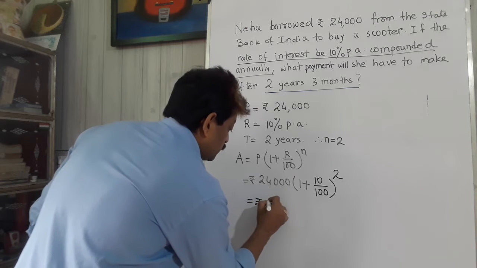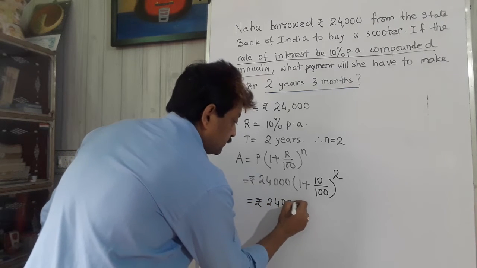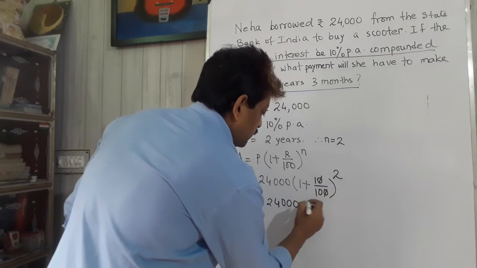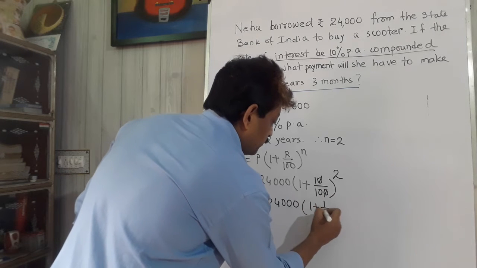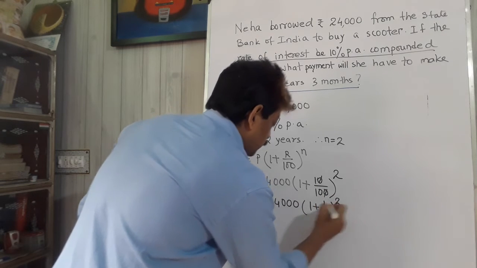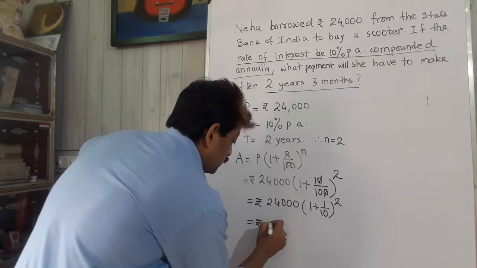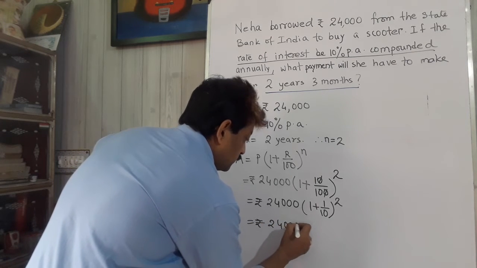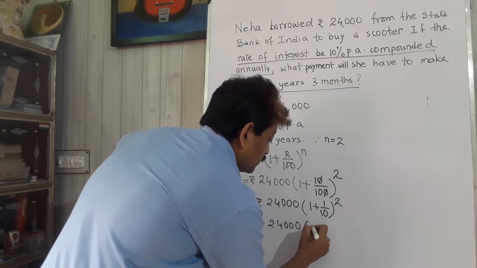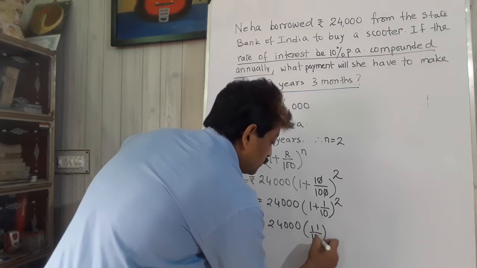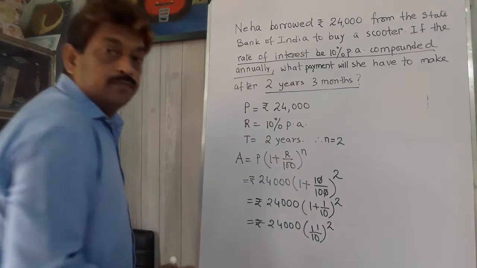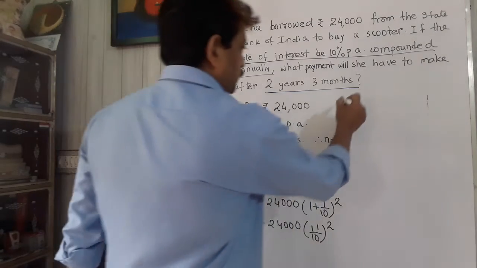So rupees 24,000, the 0 is cancelled, 1 plus 1 upon 10 to the power 2. This will be 11 upon 10 squared.